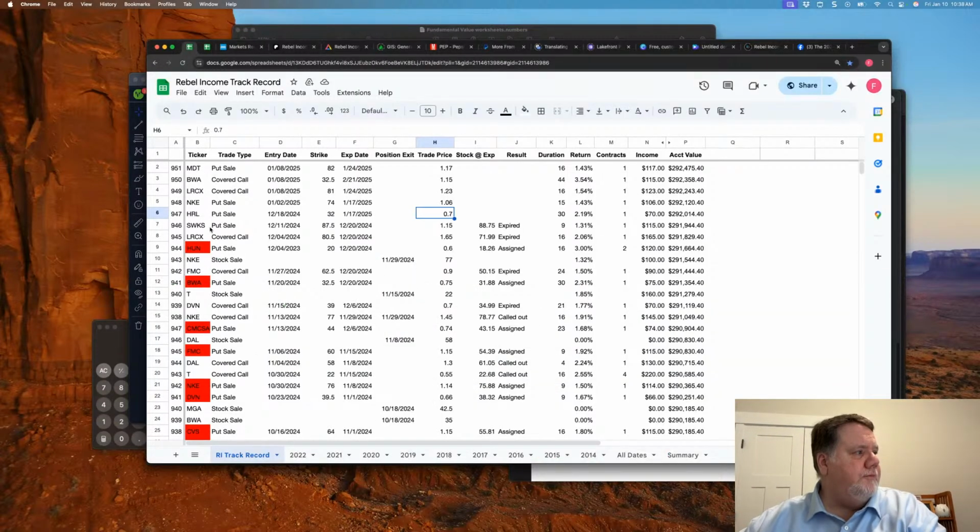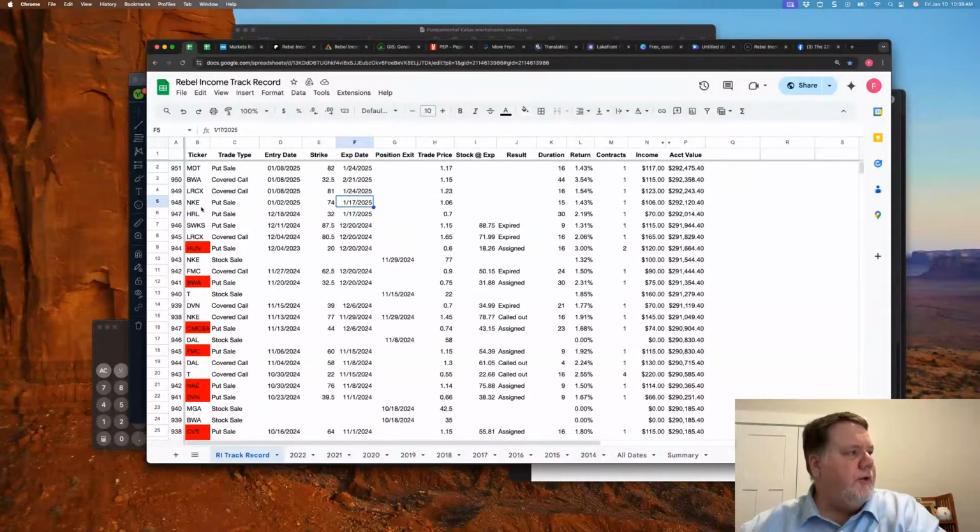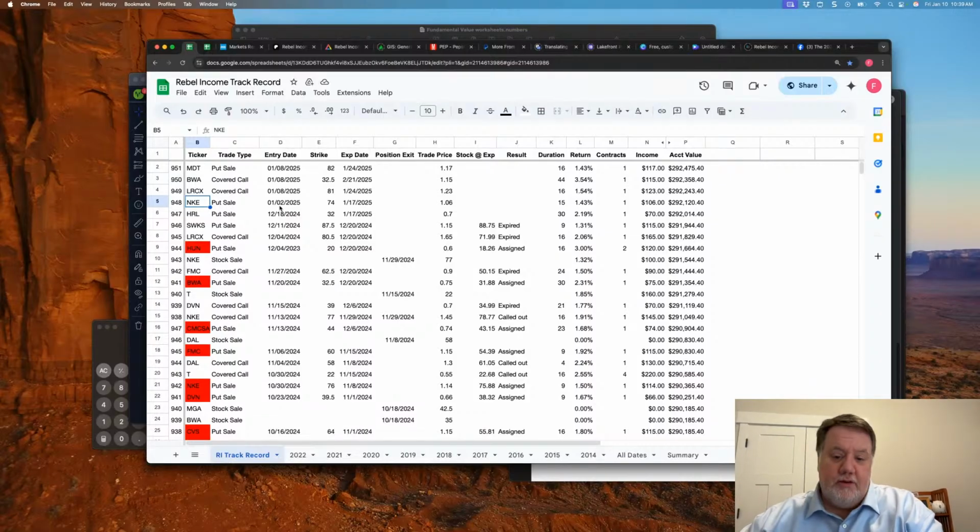Let's see. The next one, also expiring next week, is a put sale on Nike. This is a shift away from consumer staples and into consumer specialty, so this is a little bit of a turn.